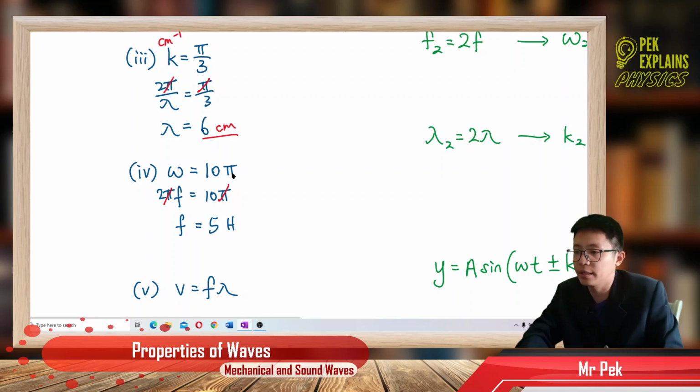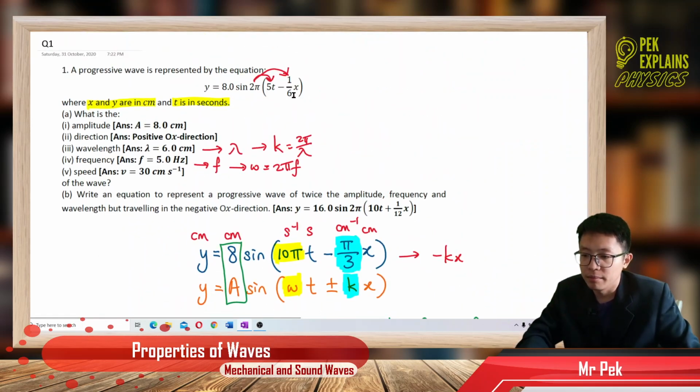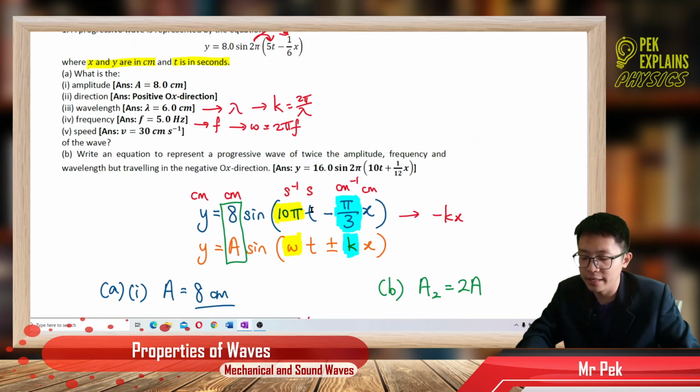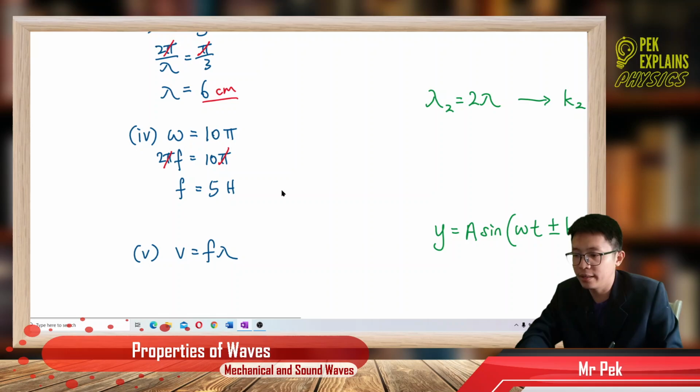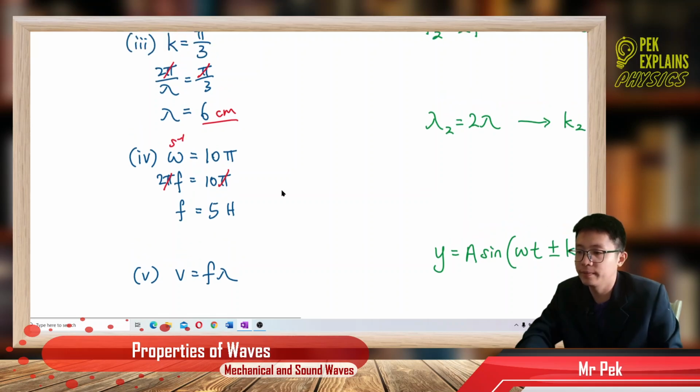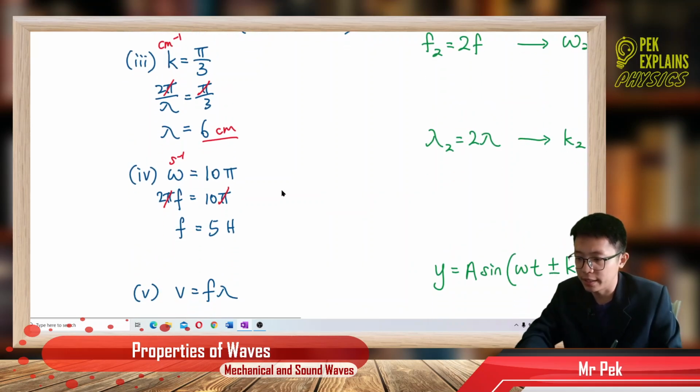My time is in second, so my ω is per second, so my frequency is also per second, or you also can write it as 5 hertz.